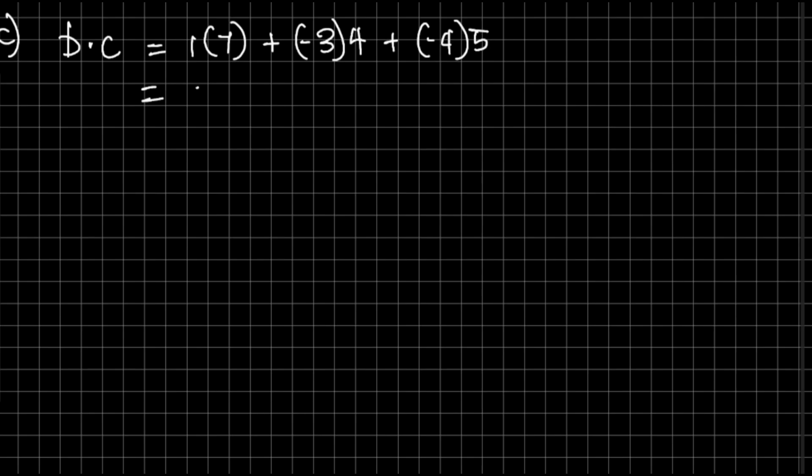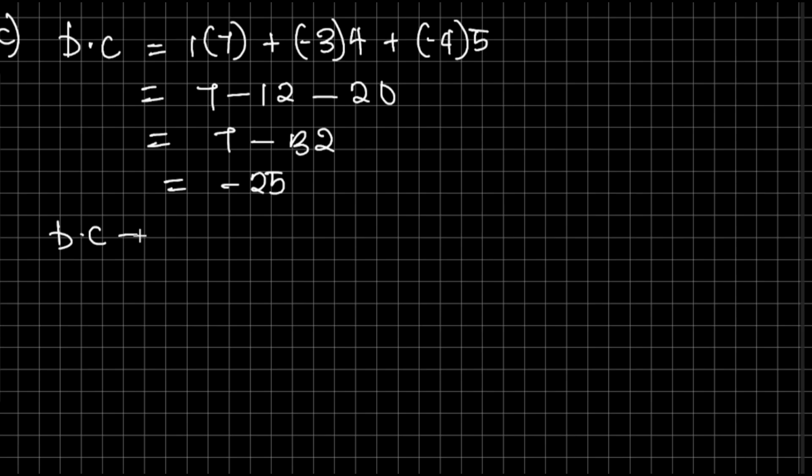And that is 7 minus 12 minus 20, which is 7 minus 32, and that is minus 25. So B dot C equals minus 25, which is not equal to 0. So that implies not perpendicular.